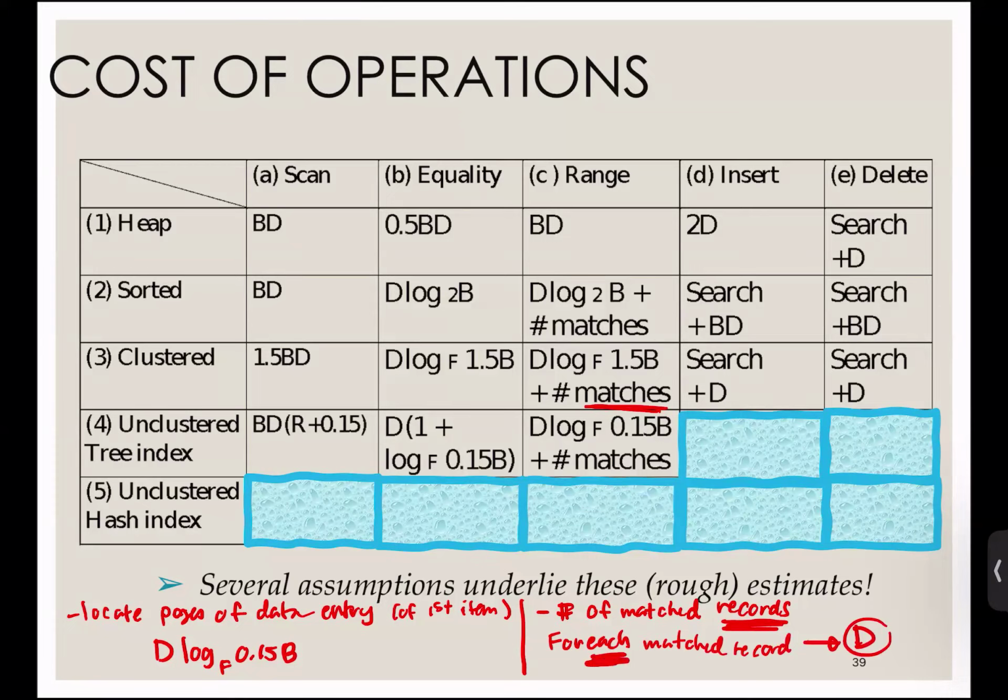So if I want to make it more exact, it is match records times D. But for the clustered case, this is match pages times D. That's the main difference.